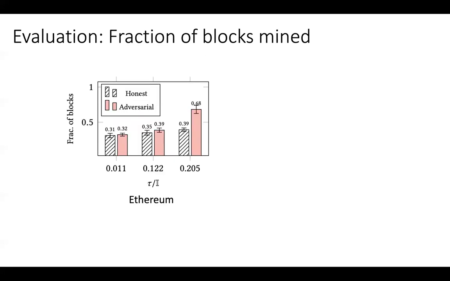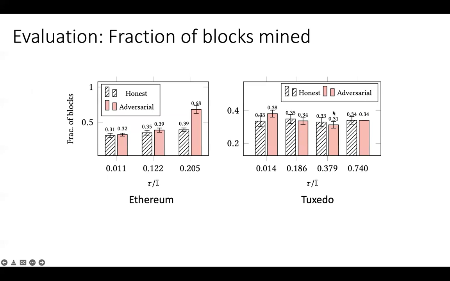So let's recall the results that we have seen for Ethereum. We saw that in Ethereum, a miner that can instantly validate and mine blocks and only controls 33% of the mining power will mine 60% to 70% of the blocks in Ethereum.